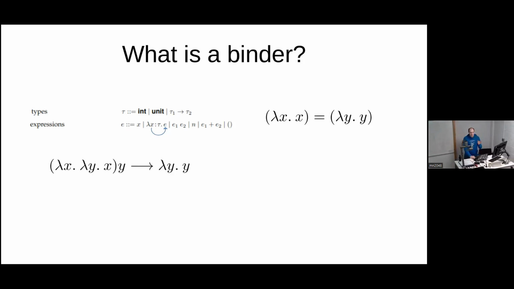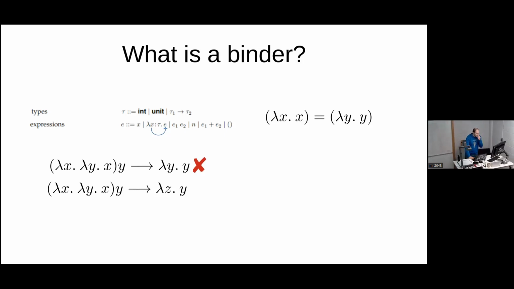And the other thing is we need to be a bit careful when we are actually doing this substitution. If we just naively put the Y instead of the X there, we end up with another function. It is not the same as we had before. That is what we want to avoid when substituting.